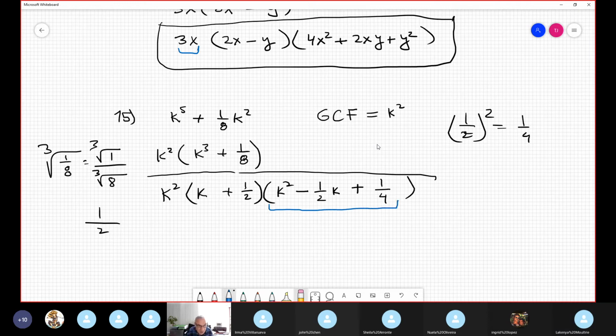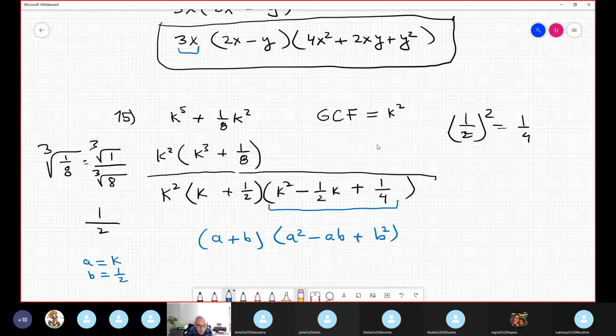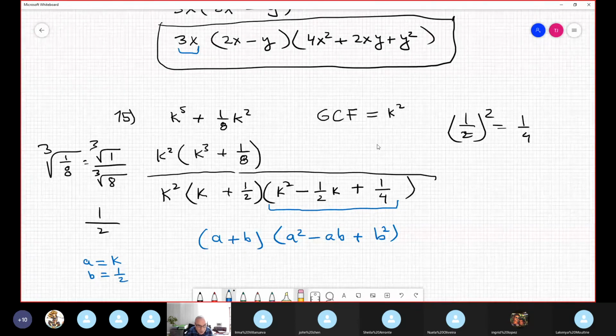Okay. Let me compare this and our formula. Our formula says a plus b times a squared minus ab plus b squared. In our example, a is k, look at that, and b is 1/2. So I just copy a and b, connecting by plus, according to the formula.